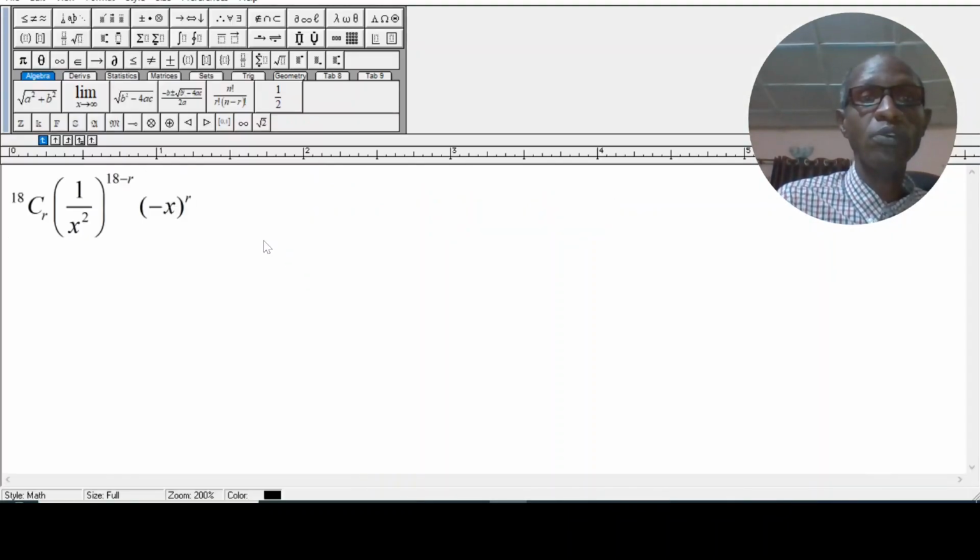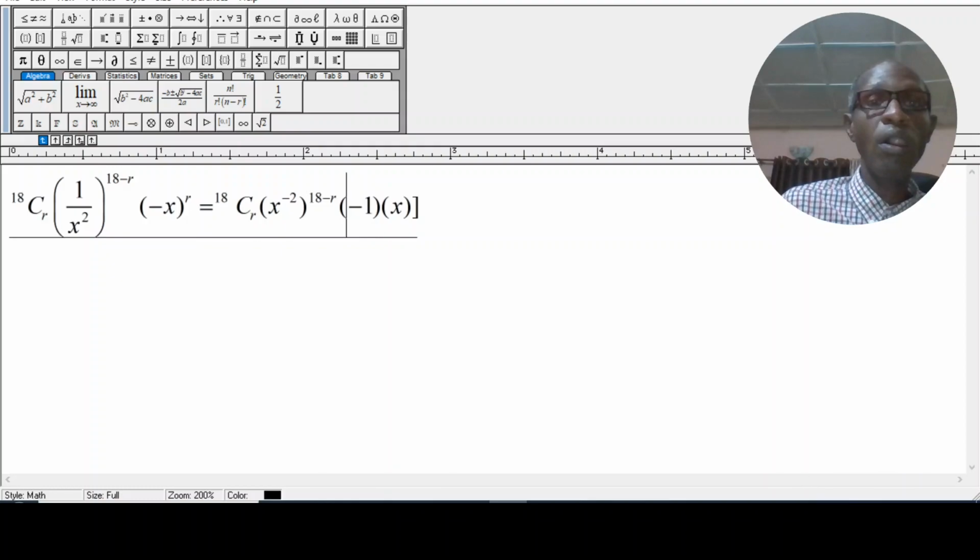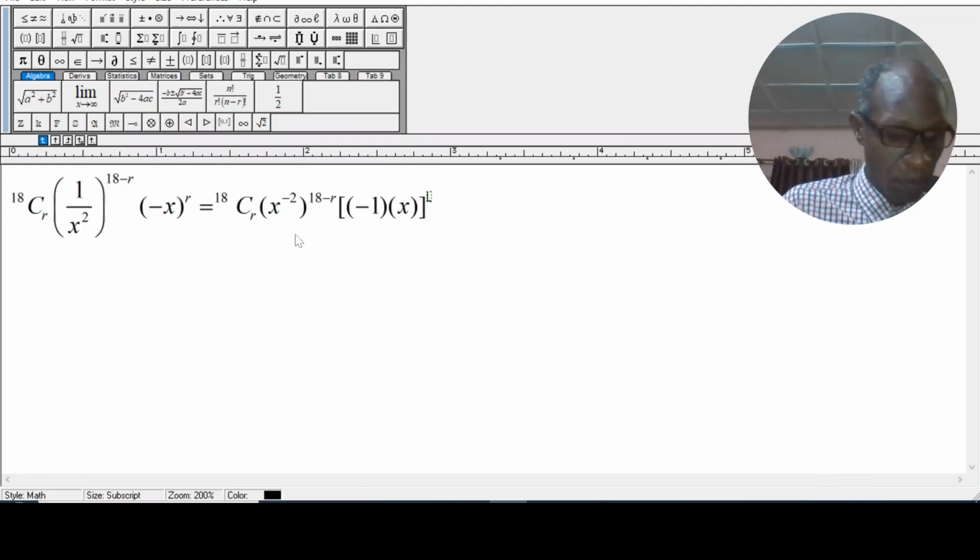This is the same thing as 18 combination r, x raised to the power of minus 2, all to the power of 18 minus r, then minus x is the same thing as minus 1 times x, raised to the power of r.